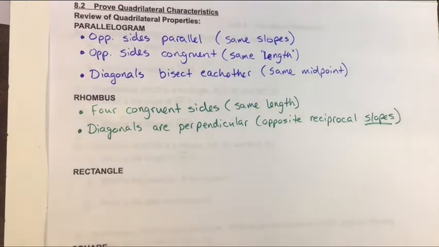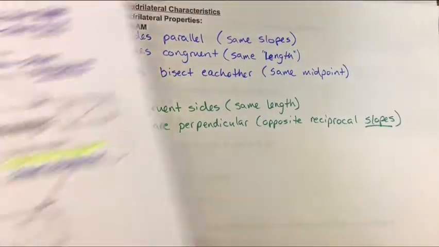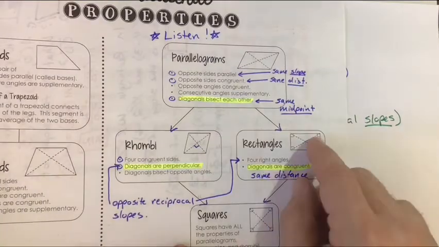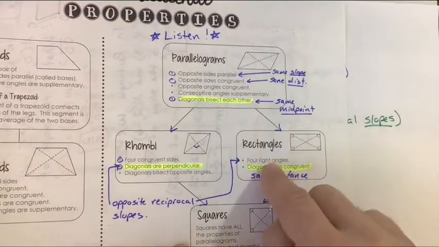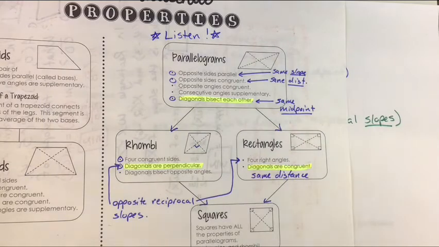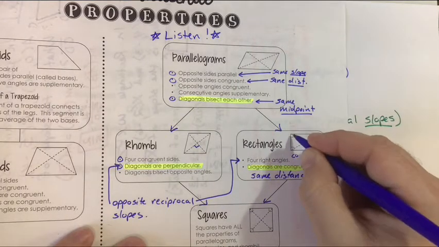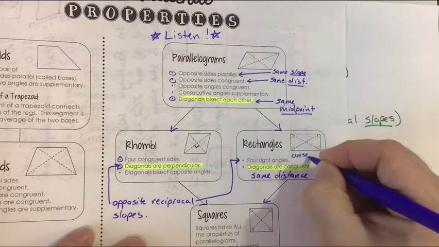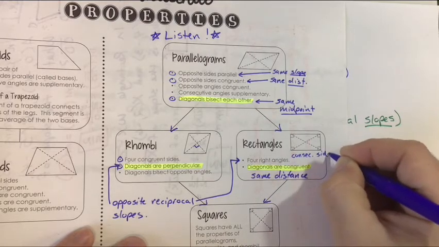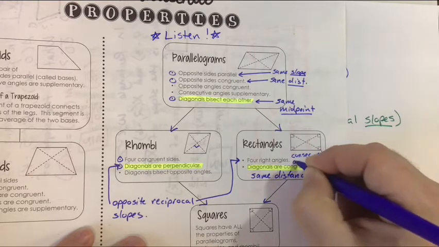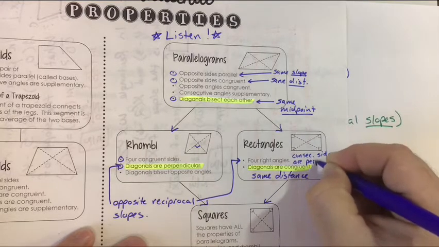And now we want to talk about rectangles also. In a rectangle, we have four right angles. Now, I said we can't tell a whole lot about angles, but that also means, if these are all right angles, that consecutive sides, meaning right next to each other, are perpendicular.